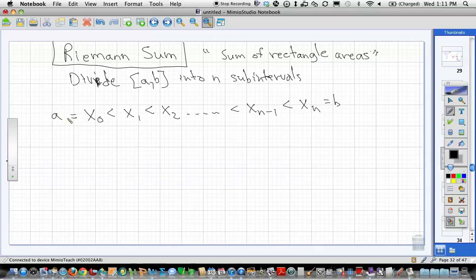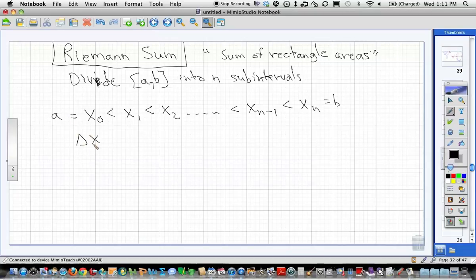The reason we start calling our first point x sub 0 is because we need one more than the number of subintervals we have. So think of this as x sub 0, x sub 1, x sub 2, x sub 3, and x sub 4 in this example. All right, so we're going to divide into those intervals, and we've got two important pieces of information.